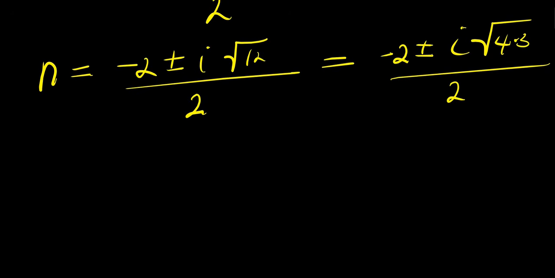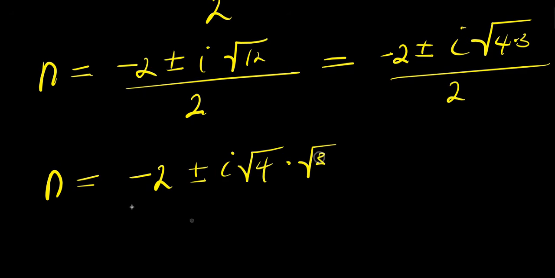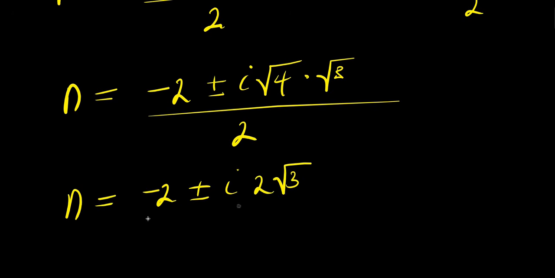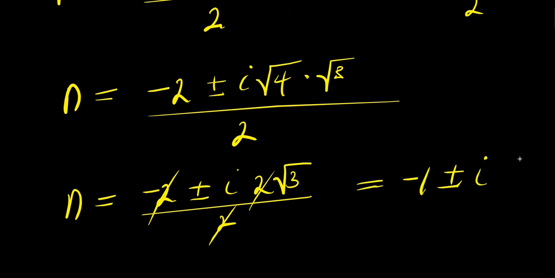So from here, I have n equals -2 plus or minus i times square root of 4 times square root of 3, divided by 2. So n equals -2 plus or minus i times square root of 4, that is 2 times root 3, divided by 2. This cancels this, cancels this. It equals -1 plus or minus i times root 3.